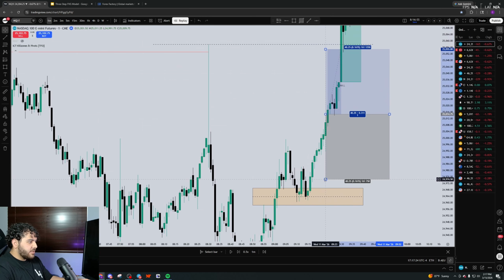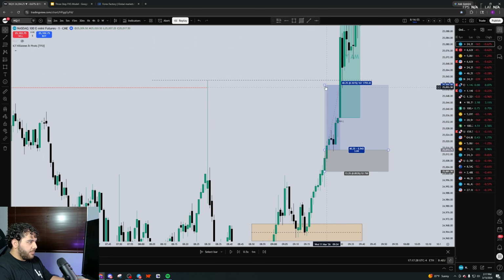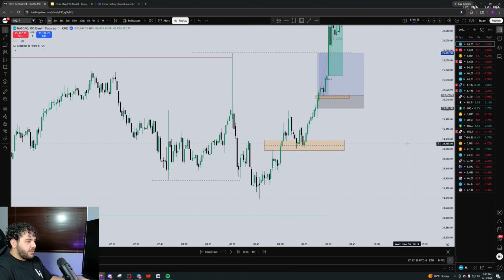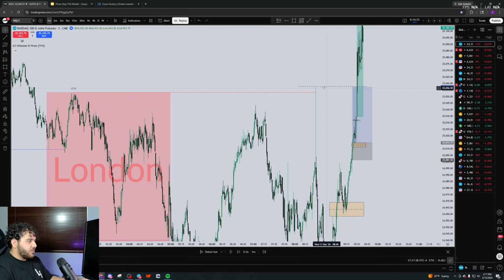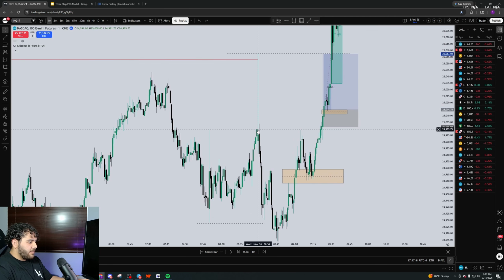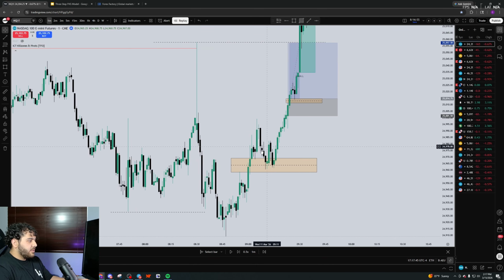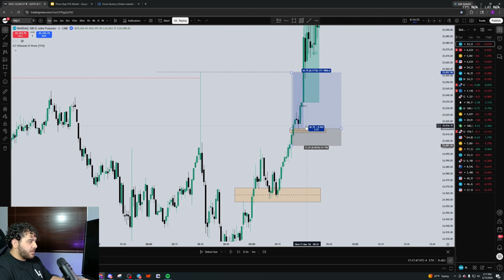And because price was respecting down here, we know that we're allowed to get long up here. And that would be a 1 to 3 RR trade. Fair value gap is written out right here. Perfect. So again, we figured out our target, which was this high, which just so happens to be a data high. We have a delivery from the 5 minute fair value gap, and then we have our execution up here.